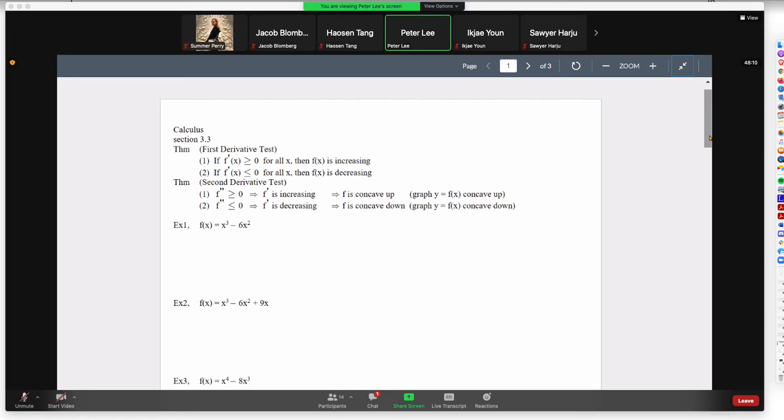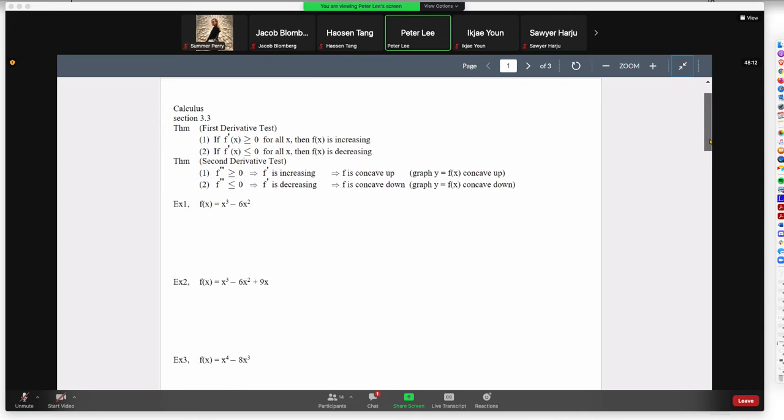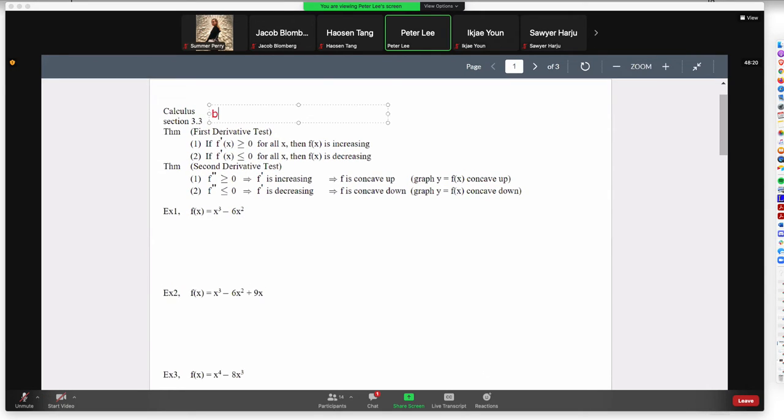Section 3.3 covers the basic, practical theorems on curve sketching.